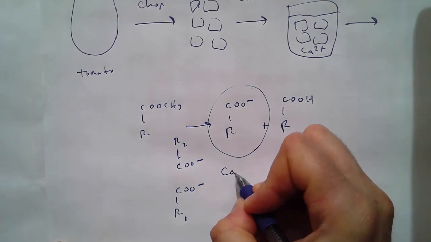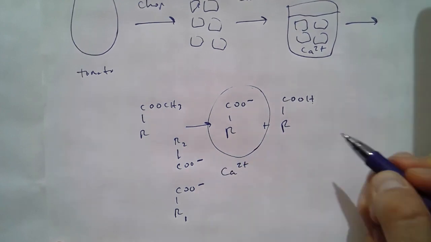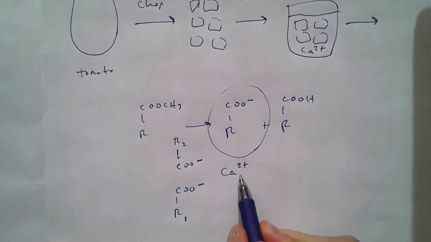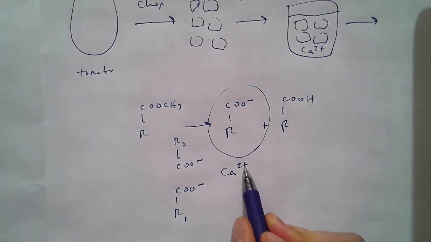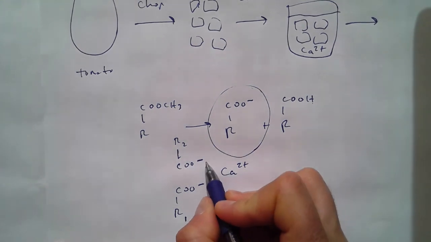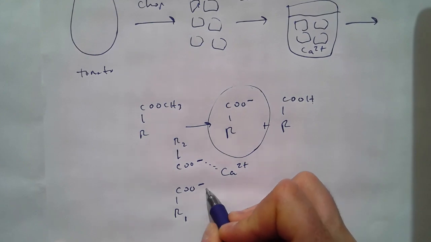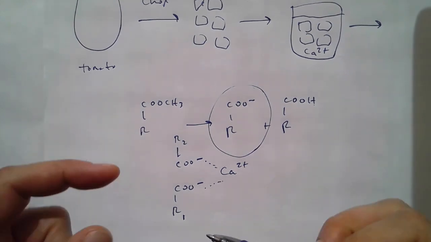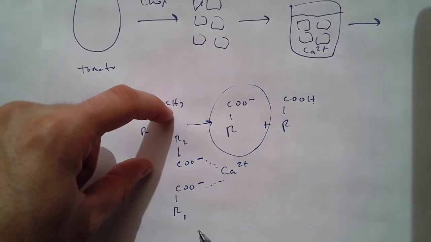These can now be cross-linked by calcium, which is a divalent cation, 2+. So two positive charges can link two negatively charged molecules.